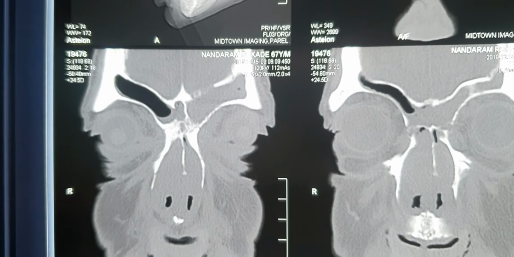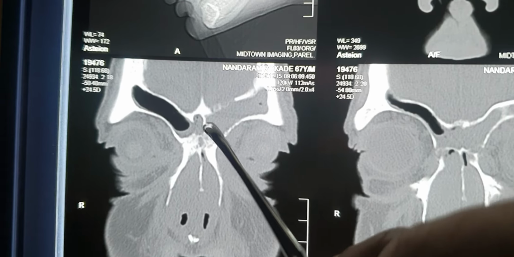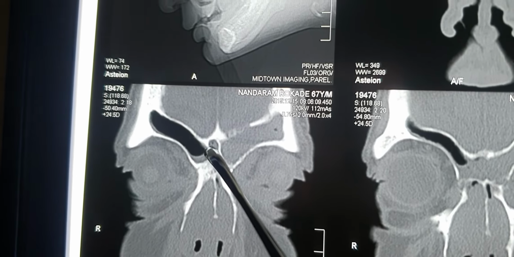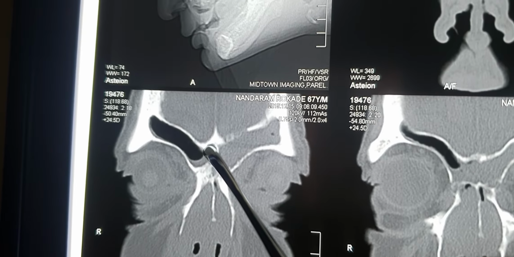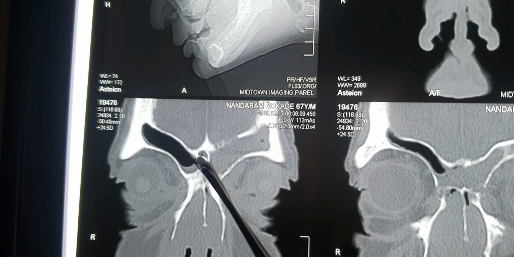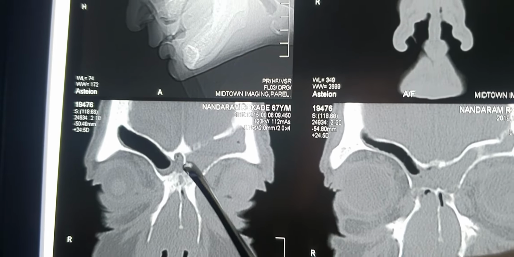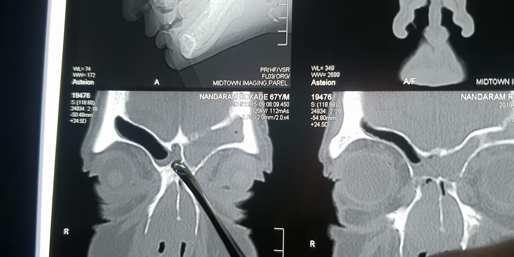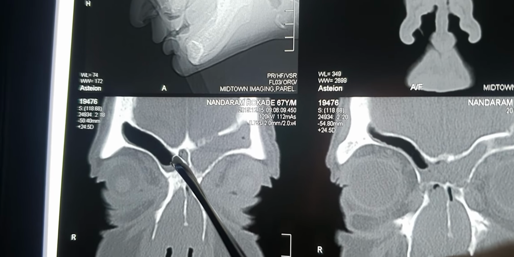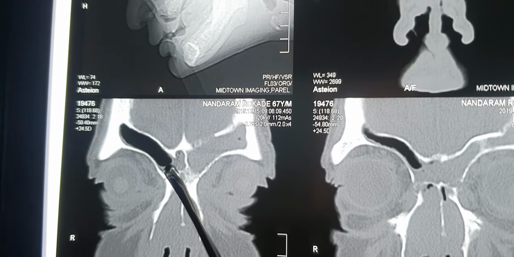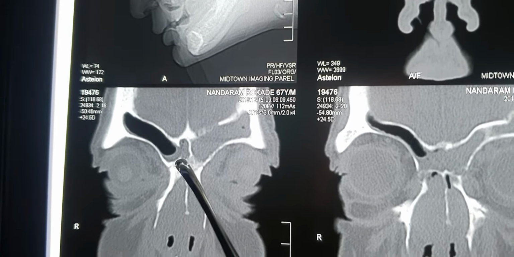Now, if you closely see this region over here, this is the interfrontal sinus septum, and there is one incomplete septa arising from the right frontal sinus. This could be the area of the interfrontal sinus septal cell opening up into the right frontal sinus, and the beak is still intact, so we are still in the area of the frontal sinus.